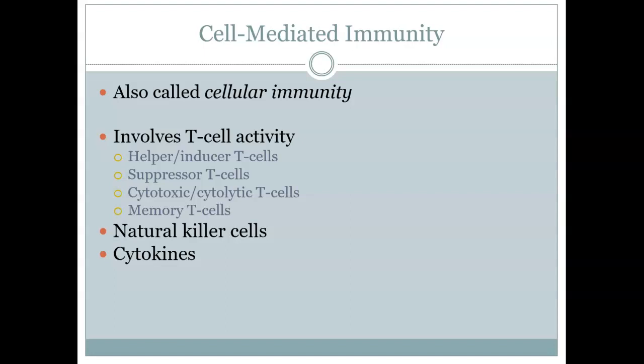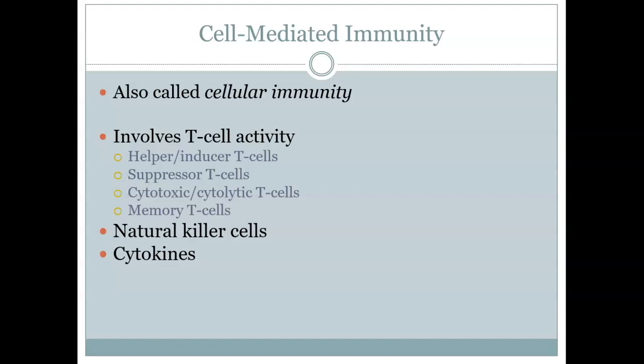Then we have the suppressor T cells, and these help prevent hypersensitivity. So if our bodies were just made of helper inducer T cells, then we would have an inflammatory or immune reaction all the time.